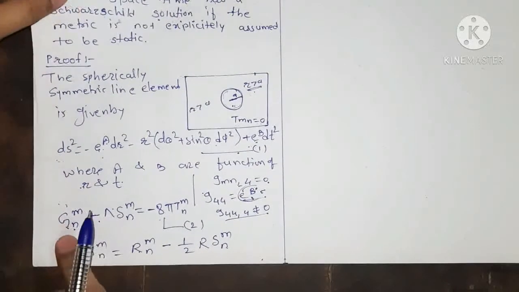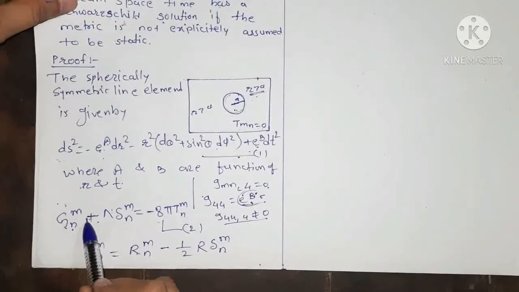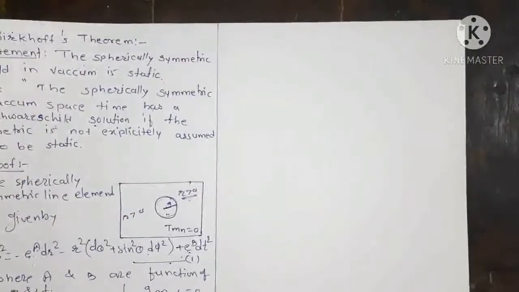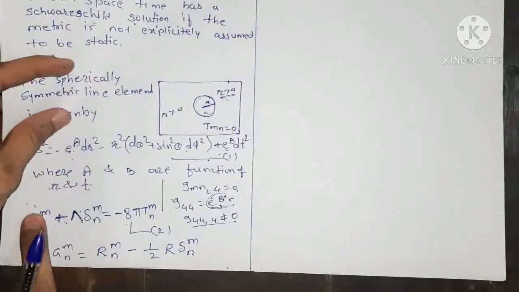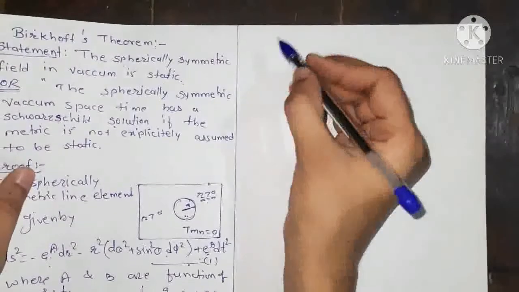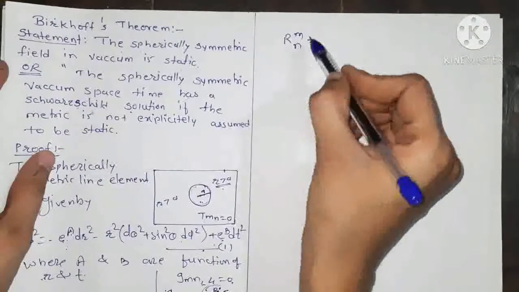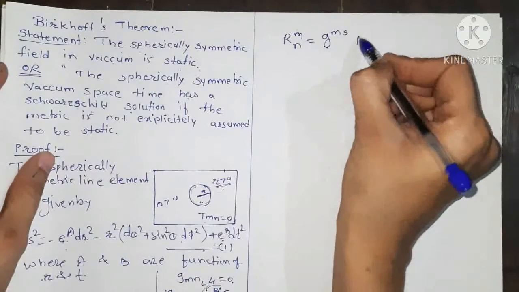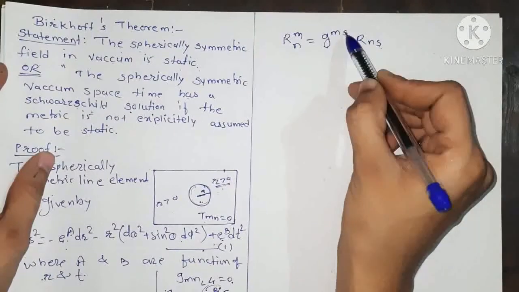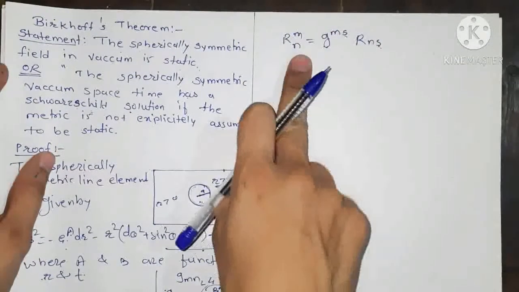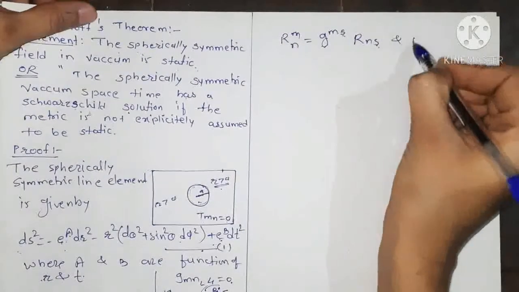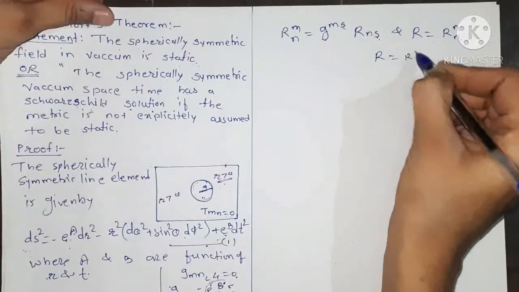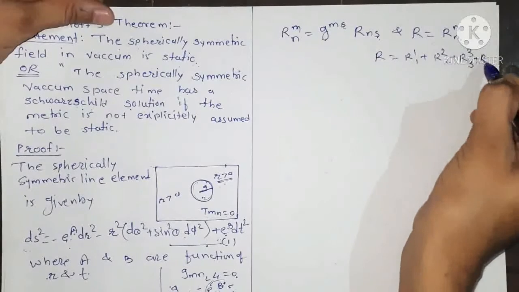So for Birkhoff's theorem we take the mixed tensor form of the general Einstein field equation with the cosmological constant Λ. R^m_n can be written as g^(ms) R_sn, where s is a dummy suffix that gets cancelled. And R is R^n_n, that is R = R^1_1 + R^2_2 + R^3_3 + R^4_4.